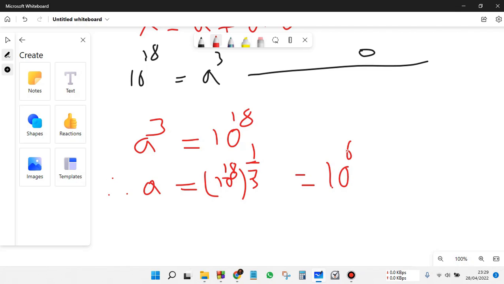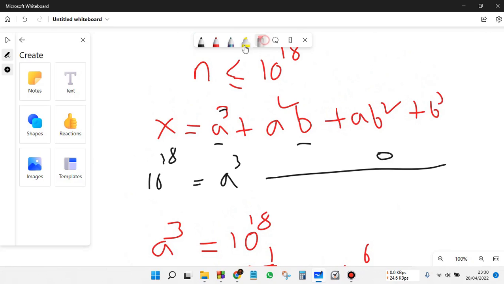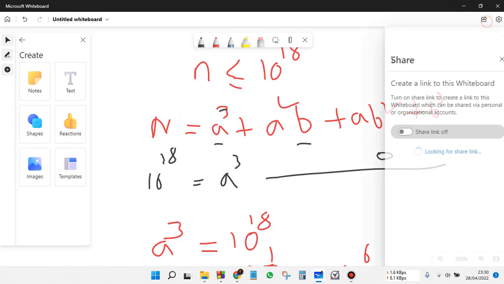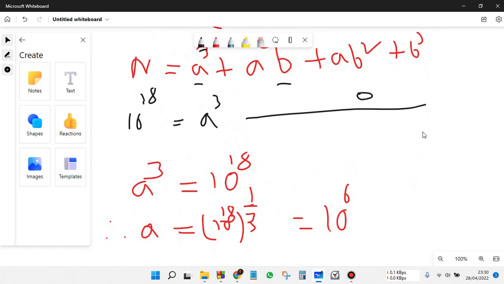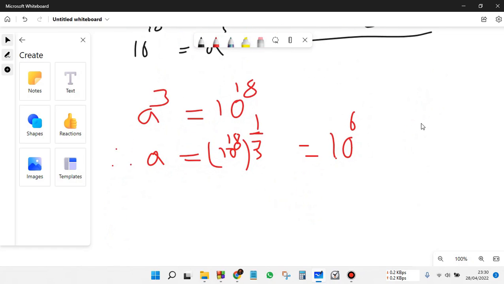Sorry, this is not the x value, this is the n value, a mistake here. For 10 to the power 18, a is only 10 to the power 6. We can also say that b is also 10 to the power 6.